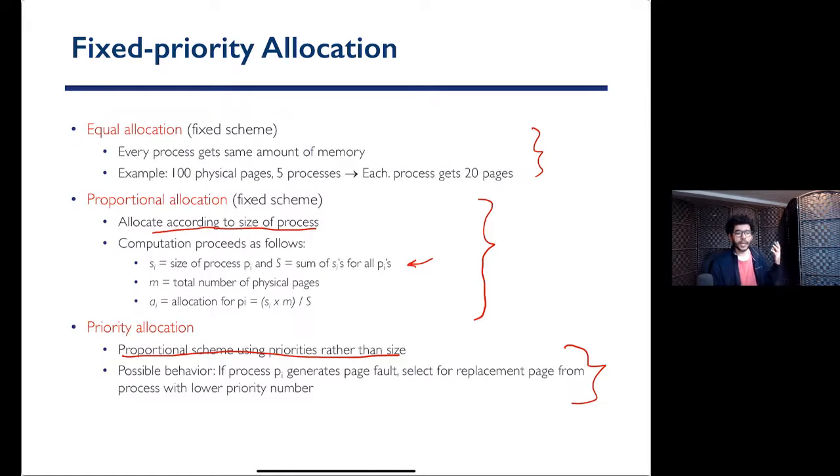pages my process needs, right? And this is the total available memory. I give everybody their fair share based on how much they need, right?